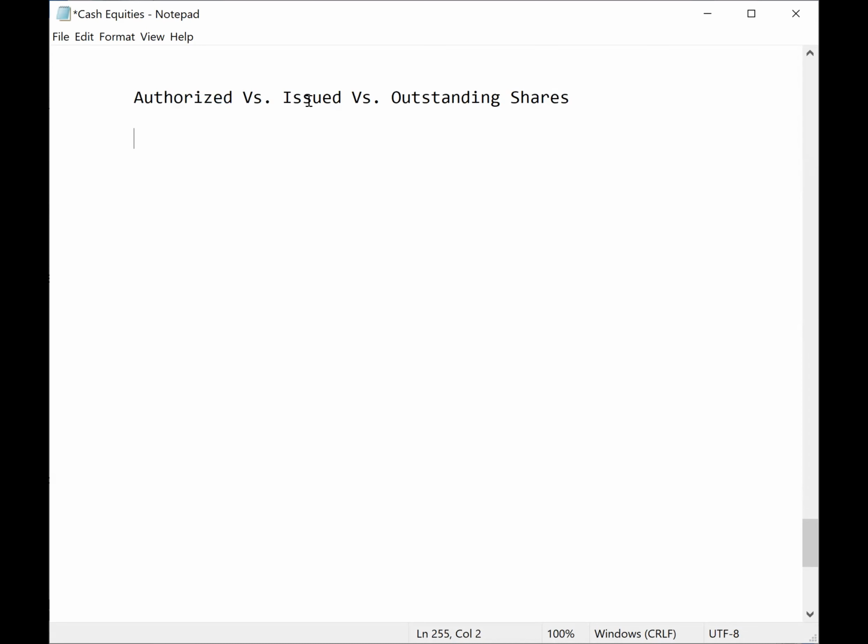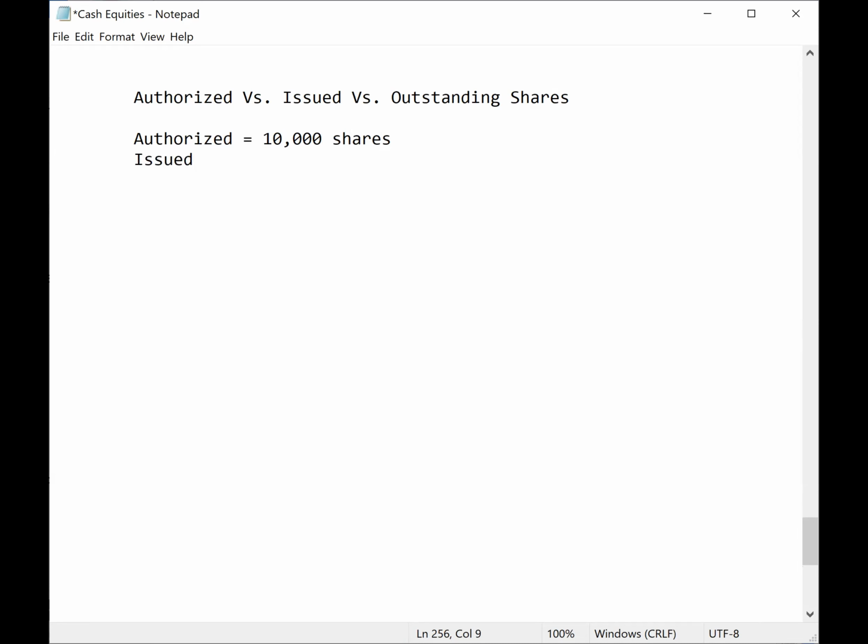Issued is the number of shares that are actually issued. So it might happen that you have 10,000 authorized shares. That means you can issue 10,000 shares.